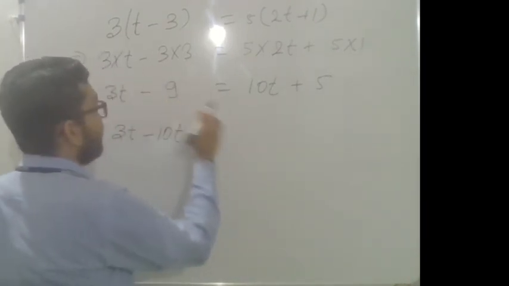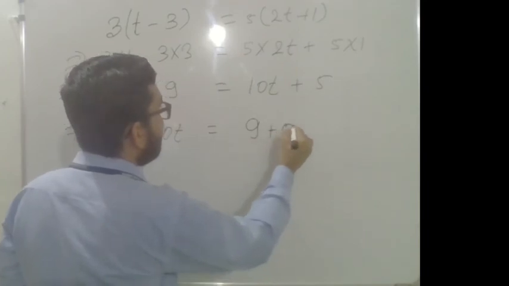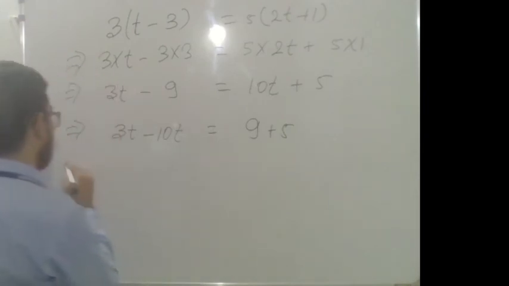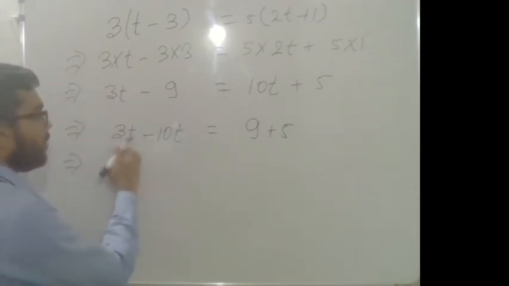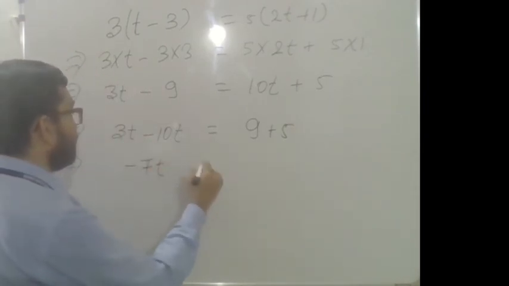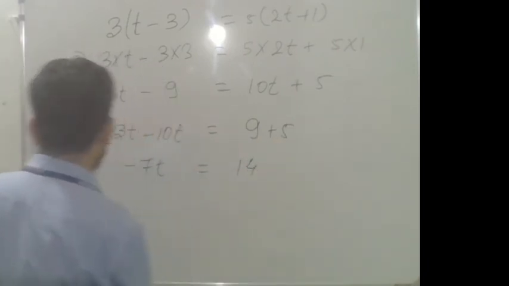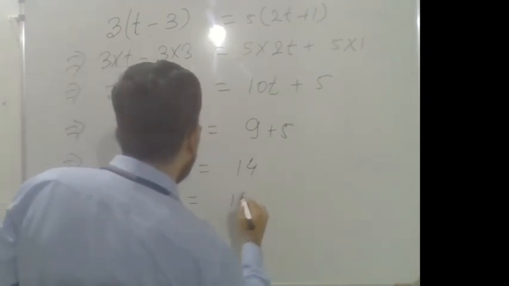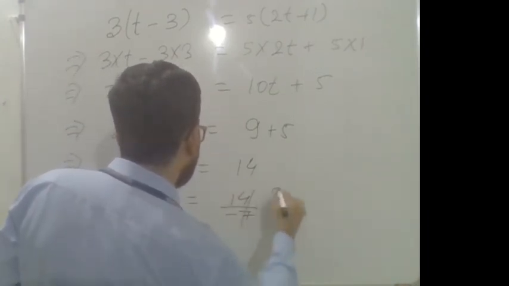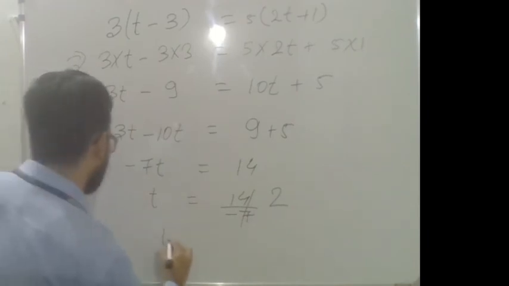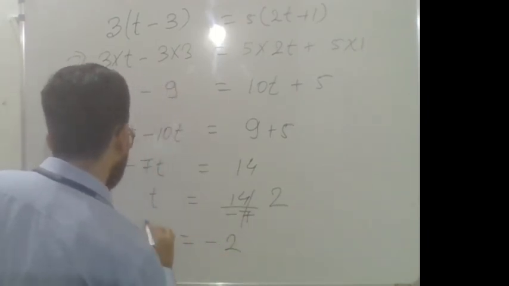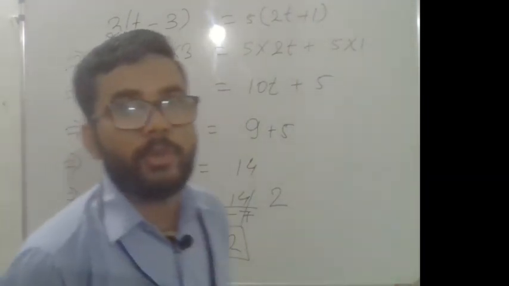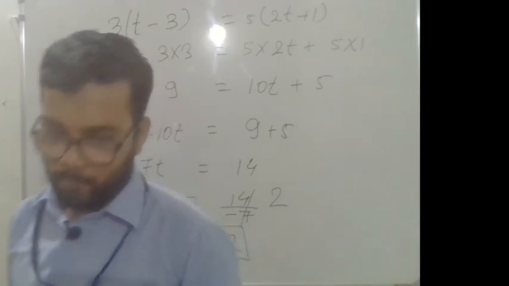Minus 9 equals 5 plus 9; the 9 is negative, after transposition it will be positive. 3t minus 10t is minus 7t, and 5 plus 9 is 14. So t is equal to 14 upon minus 7, which is minus 2. t is equal to minus 2. This will be your solution.